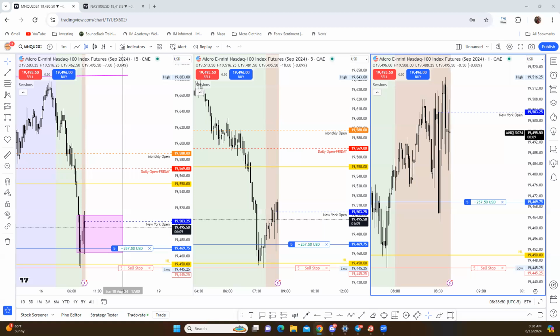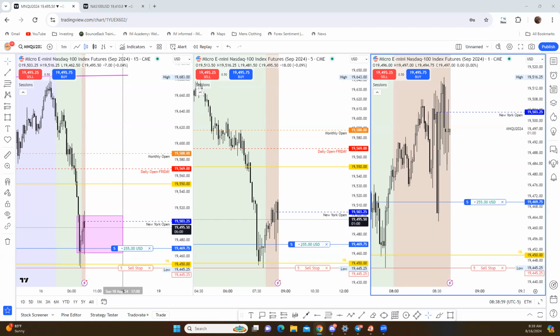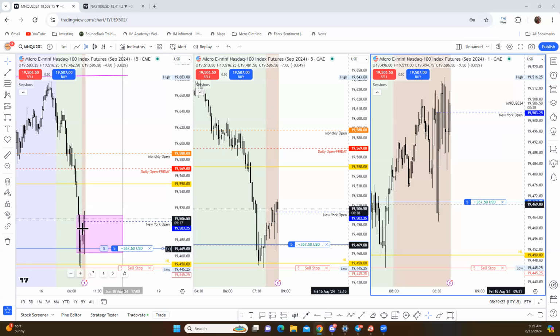ES still showing strength. It's not really getting weak yet or anything, but it's also not going anywhere. And then when you look at the 1 hours, they look pretty good to continue potentially. So let's see if we can get this push on up above daily open. $15 starting to form really well inside the demand.